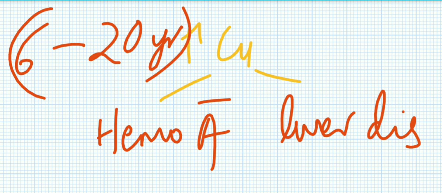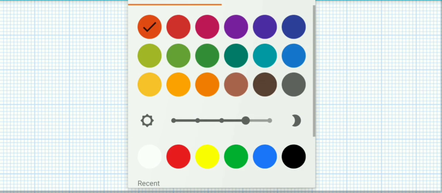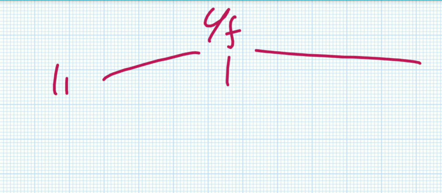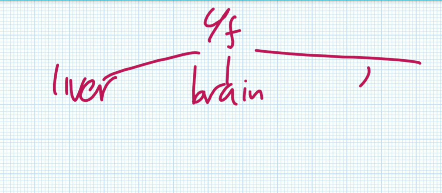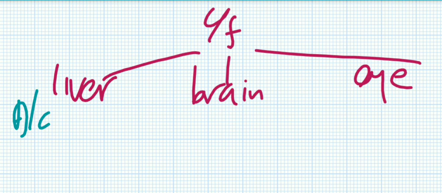Okay. So what are the clinical features that he can have? It can affect different organs: liver, brain, and eye. In the case of liver, it can cause the whole spectrum of hepatitis. It can cause acute, chronic, or even fulminant hepatitis.